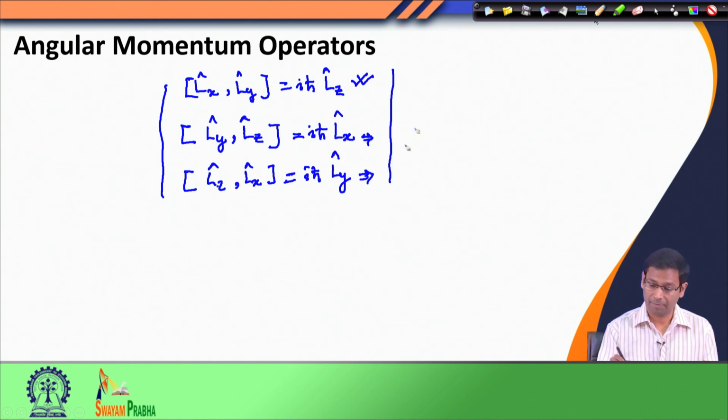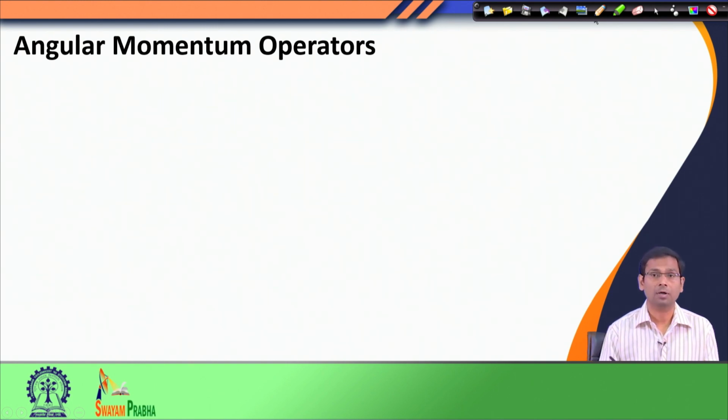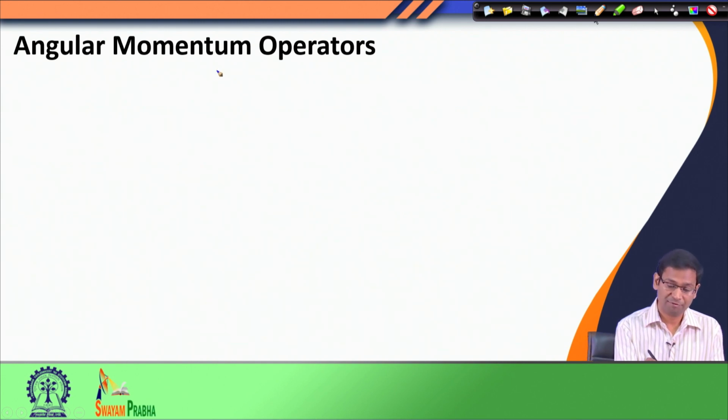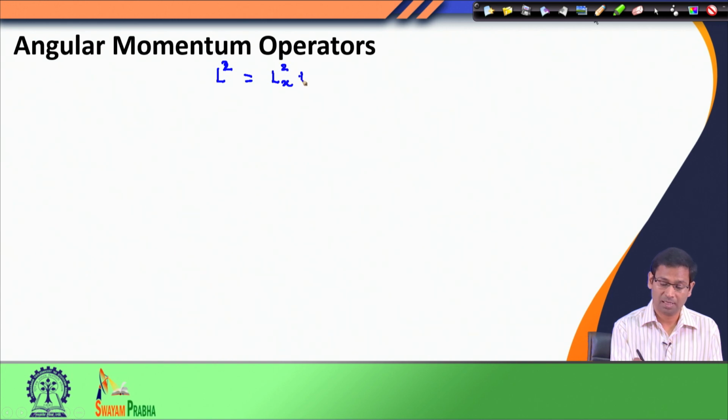So, this we will remember, but we would look at another commutator property. We have defined the operator L as having three components Lx, Ly and Lz. Now, we are defining another operator L square, which is simply Lx square plus Ly square plus Lz square.